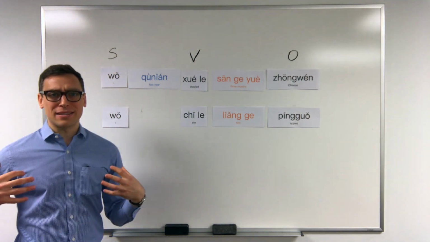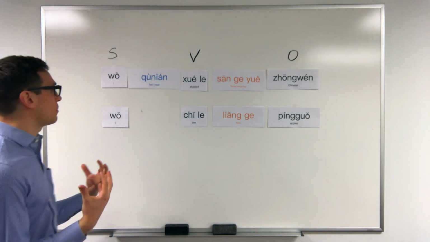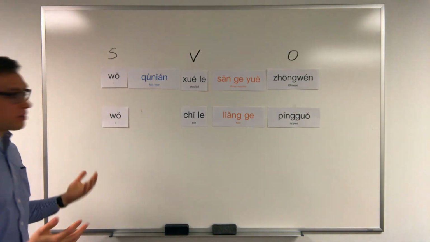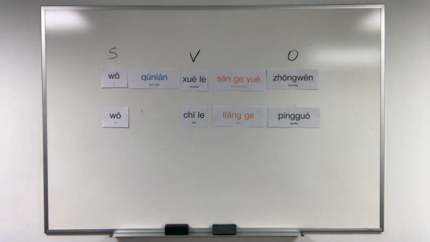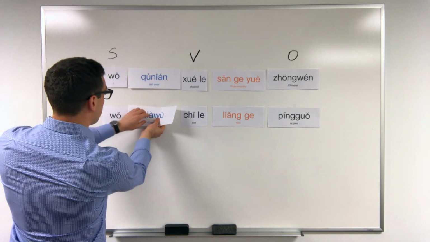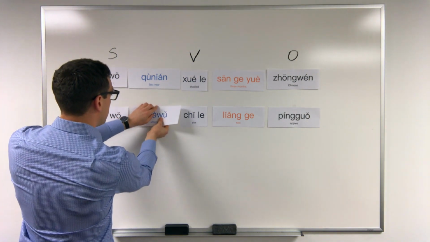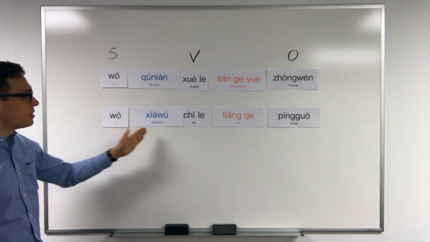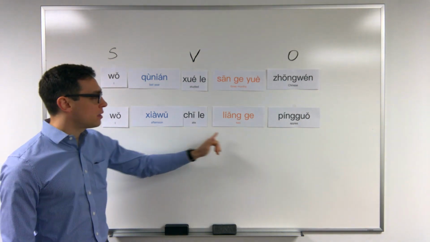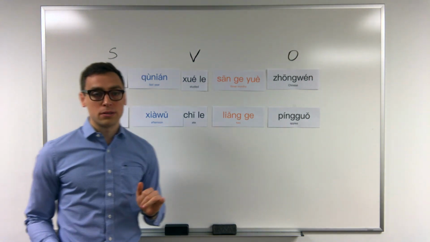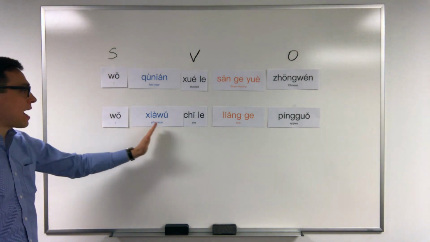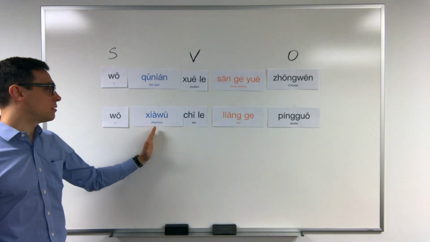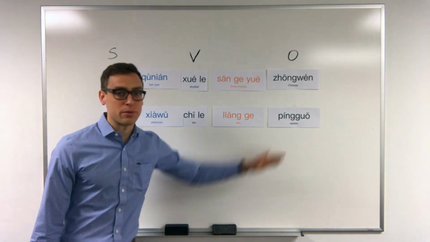What if I wanted to ask when this happened? What if I wanted to add a time phrase? This is a lot more straightforward. We can choose any old time phrase. Let's just pick the afternoon, 下午, right? 我下午吃了2个苹果. I, this afternoon, this answers the question when, ate 2 apples.